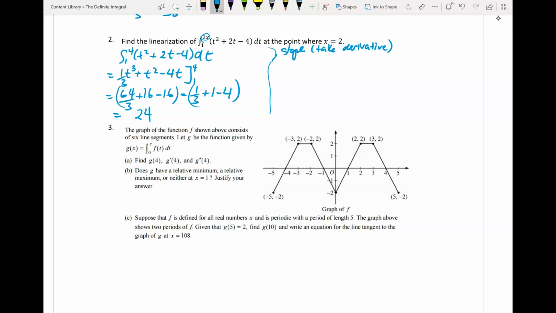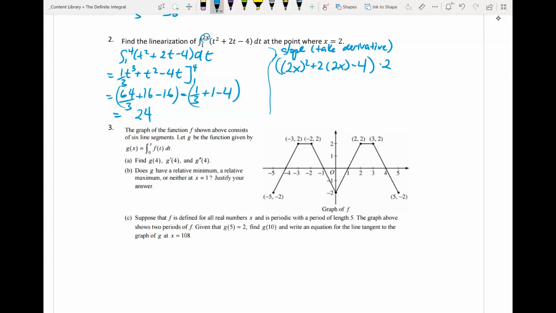So according to that rule, we're going to insert this 2x every time we see a t, and that's how we're going to take the derivative. So this is 2x squared plus 2 times 2x minus 4. And remember to multiply it by 2 because that's the derivative of 2x according to the chain rule.